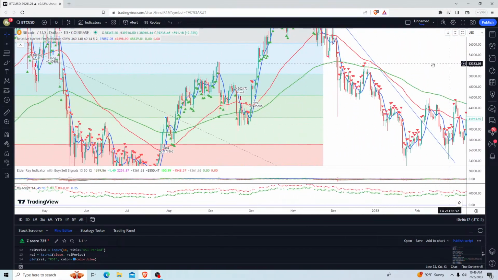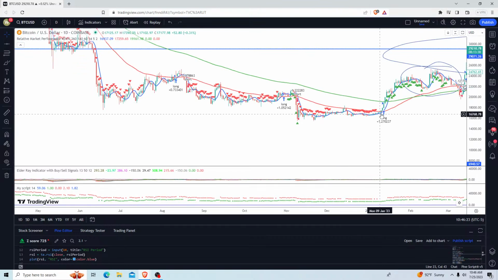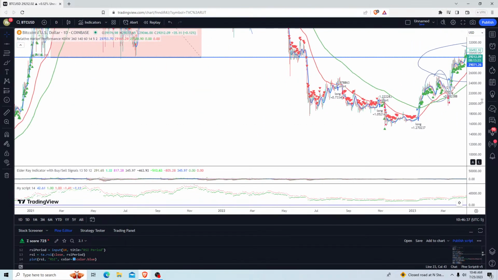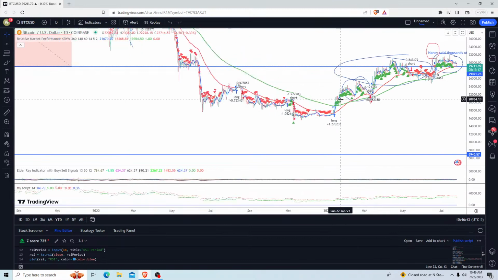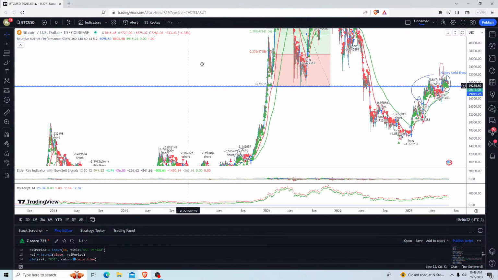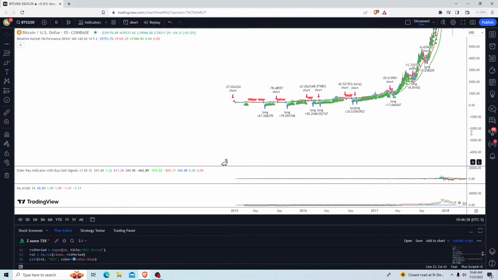Here, we came down all the way to the ground. And then we snapped it right there. Chilled still near the bottom. Didn't really break out until March. See, now it's just marching up these levels.